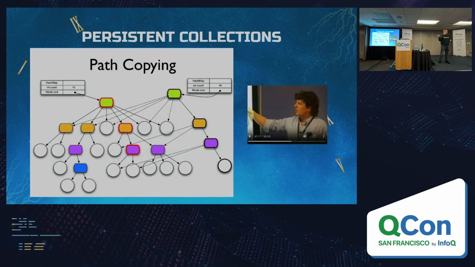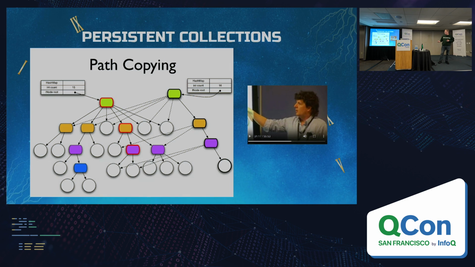So this is a slide from Rich's QCon talk where he talks about how these are implemented. What you can see here is 2 trees. The one on the left with the red outline, that's the root node of the original collection. It has all these values in it, right? On the right, he's showing us, so we want to add a new child node to this purple node with the red outline. To implement that, what we actually do is we just clone all the parent nodes that go down to that one.